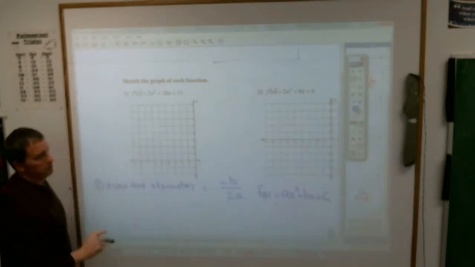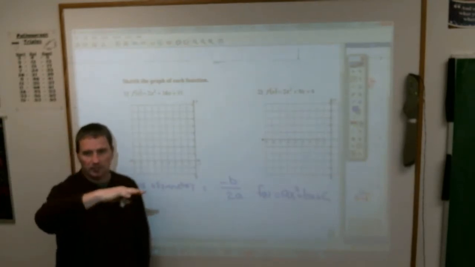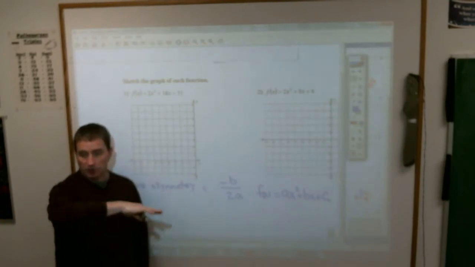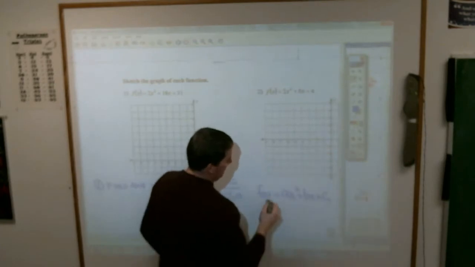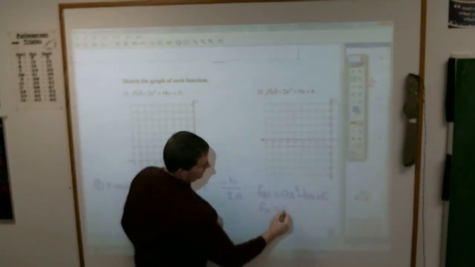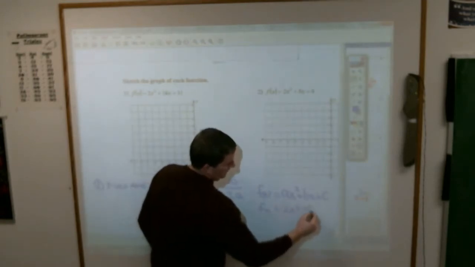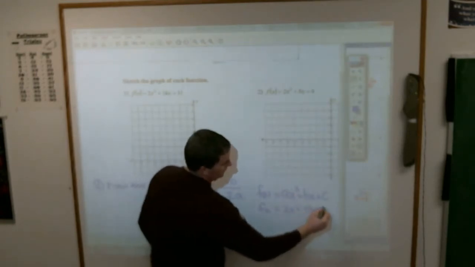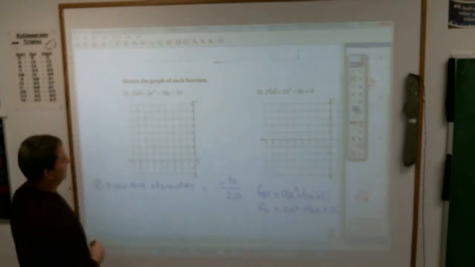Okay. Just like y equals mx plus b, those are all letters, and you know that the number in front of the m was the slope and the b is the y-intercept. Well, if I have this equation, take a look, here's my equation up here. What was it? 2x squared plus 16x plus 31. Really? Who made that one? Whose idea was that?